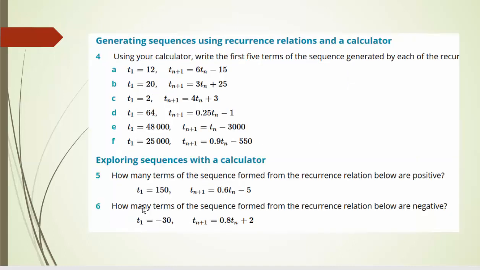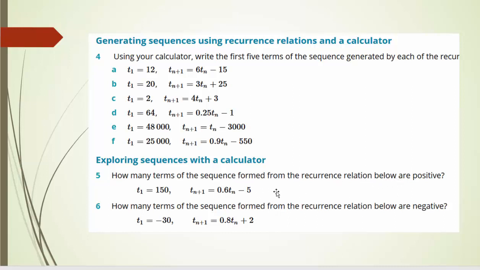Question 4. This time you're allowed to use the calculator. Again, whatever is easier, make sure you do most of them. And some exploring questions at the end of the exercise, questions 5 and 6. How many terms of the sequence formed from the recurrence relation below are positive?